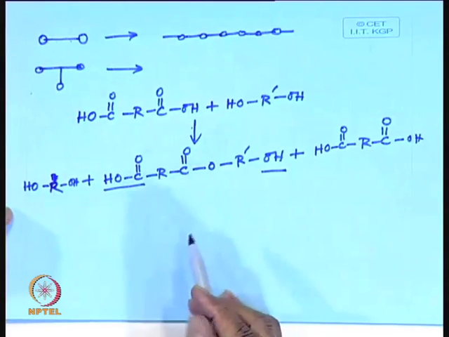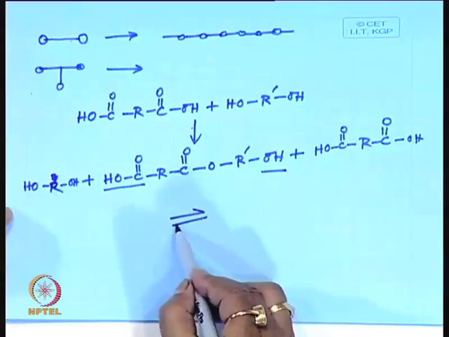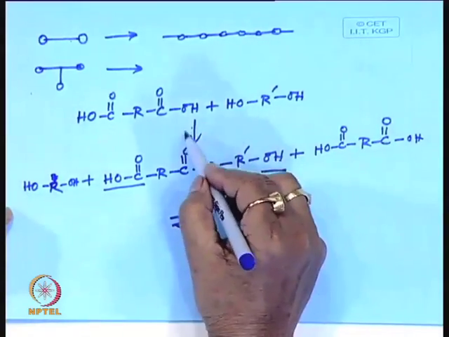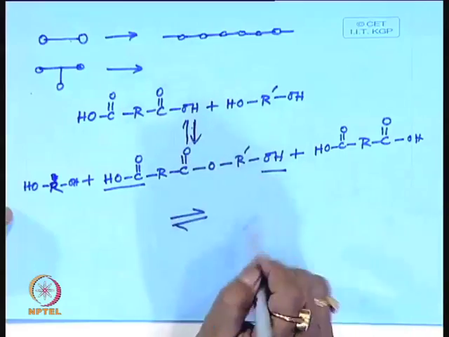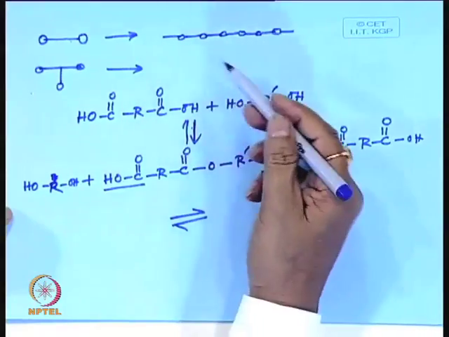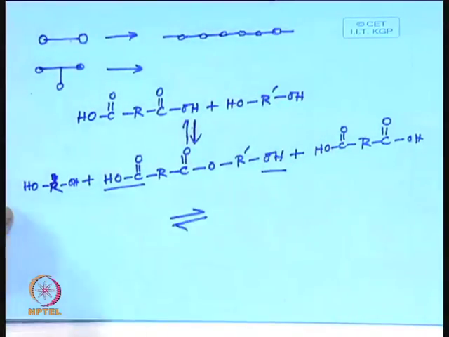So, equilibrium means that the product can revert back to the reactants. That means there is a dynamic equilibrium between the reactants and the product, until and unless some of the products, or any of the products, are removed from the reaction mixture. That means you have to break the equilibrium by removing the reaction product.